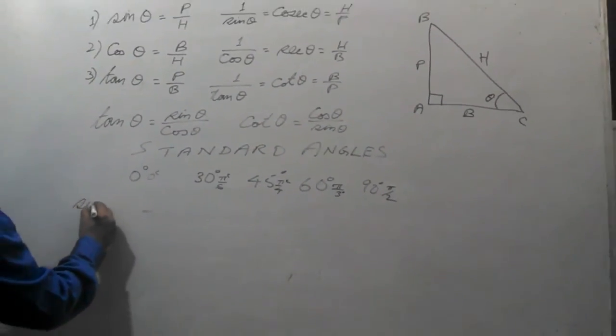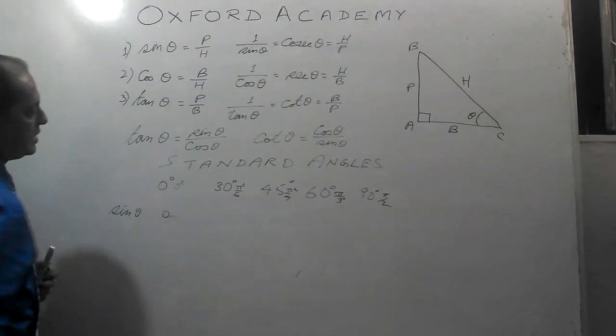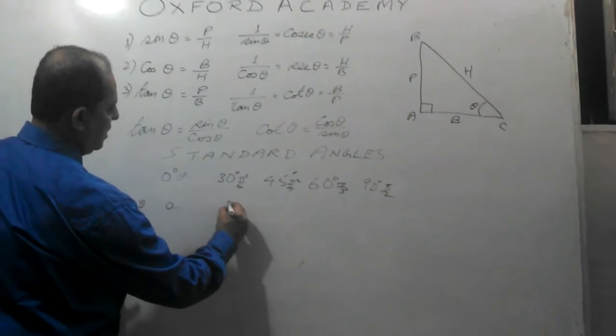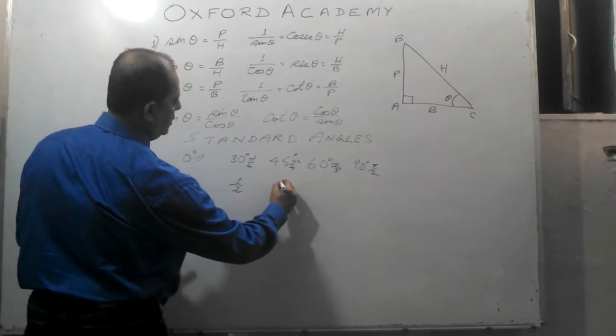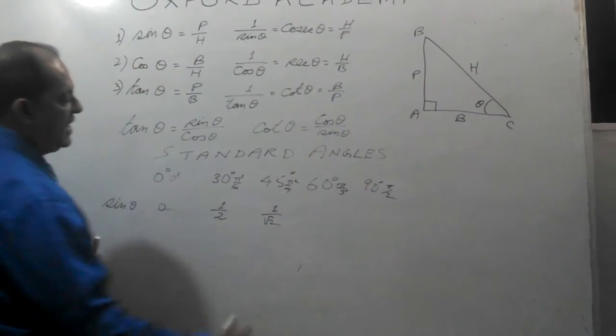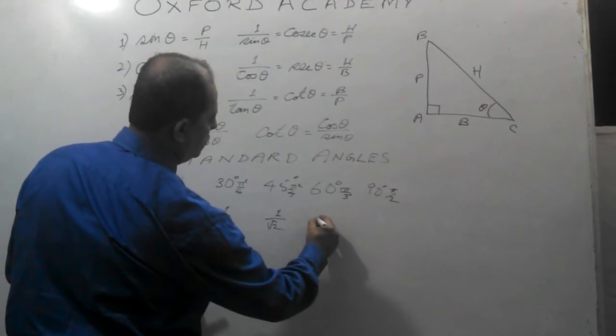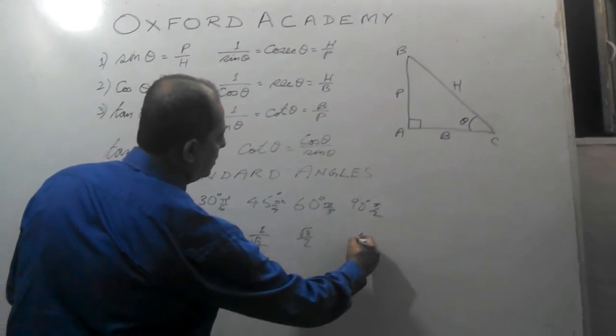Now sine 0 degree is 0, sine 30 degree is half, sine 45 degree is 1 by root 2, sine 60 degree is root 3 by 2, and sine 90 degree is 1.